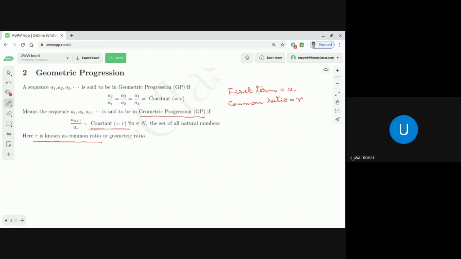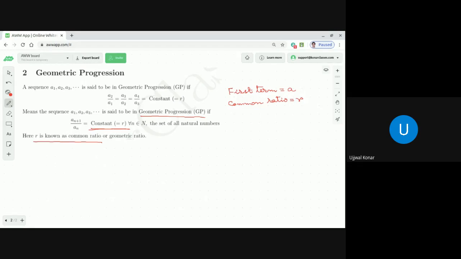Now, like arithmetic progression, here also we are going to find the nth term, the sum up to the first n terms, and all this stuff. But here we will find that things will differ a little based on the value of R, whether it is greater than 1 or less than 1. That restriction was not there in arithmetic progression; there is no restriction on the formula based on the value of the common difference.